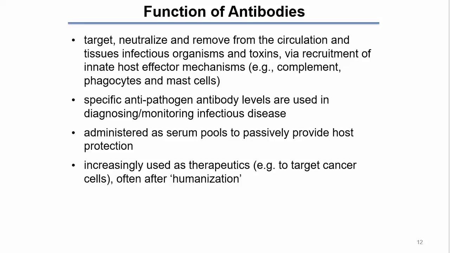So what we do is we give a little bit of that venom to large animals, horses or cattle, and they make antibodies against that venom. Then we harvest those antibodies, refine them, and make a serum that we inject in a person that's been bitten by the snake. So that's a very useful thing for protecting the population.